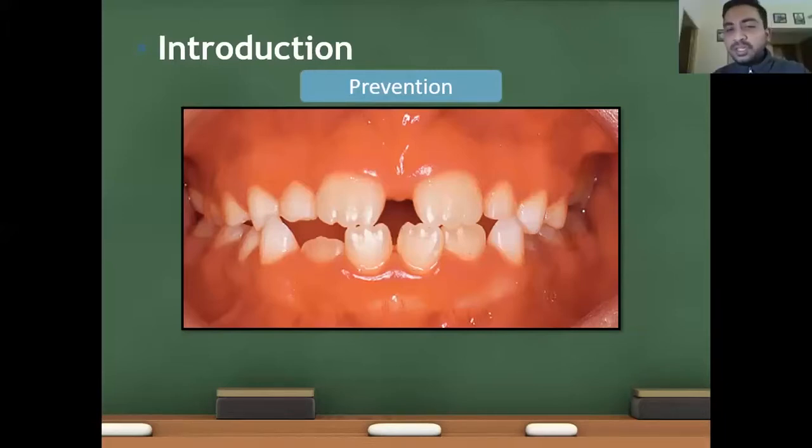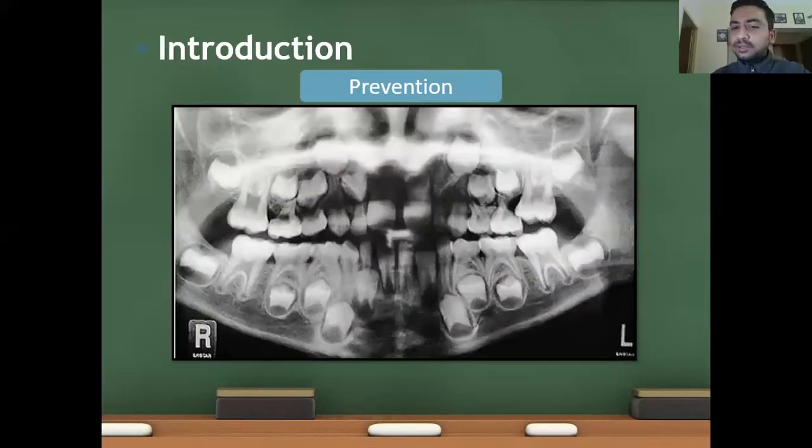So when we get patients at this age, we'll examine the patients clinically. At the same time, we'll also take the orthopantomogram. That's why orthopantomogram is an essential diagnostic aid because it is a screening radiograph. As you can see, for the same patient, there are a lot of teeth in various stages of development.